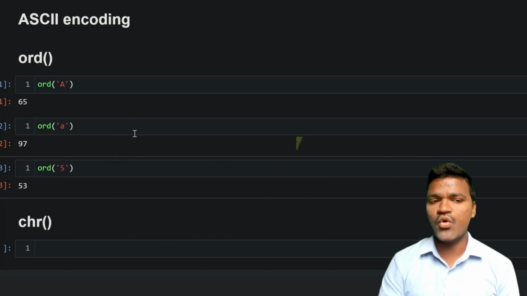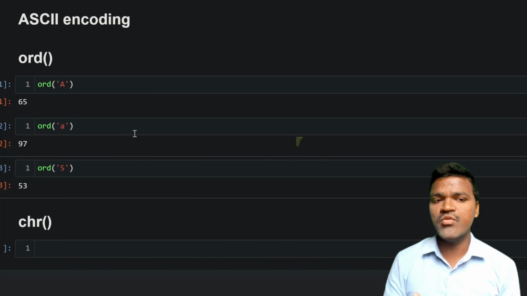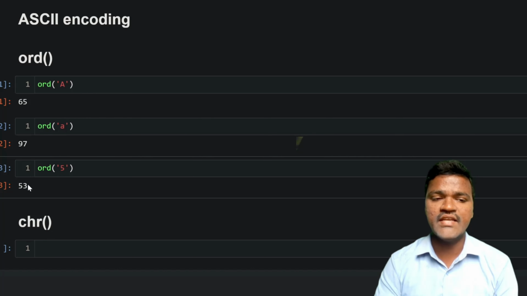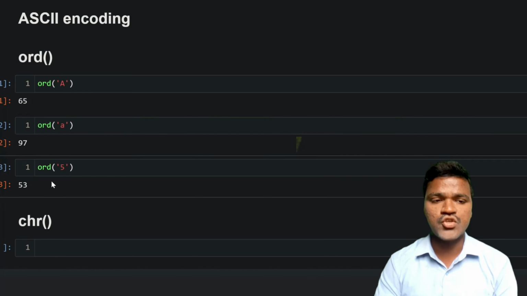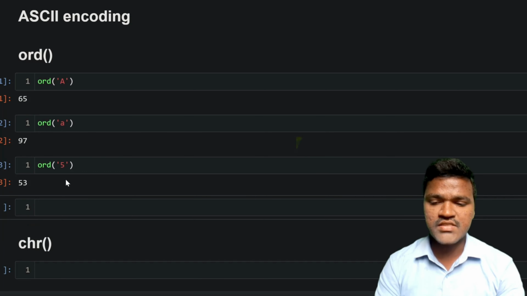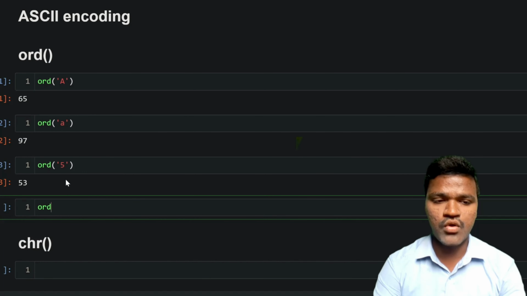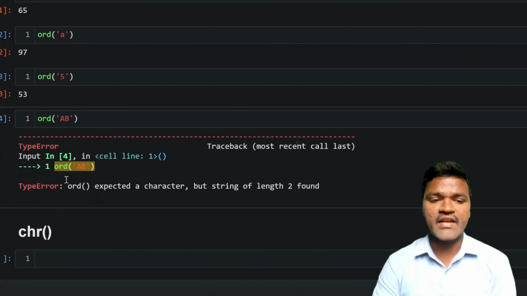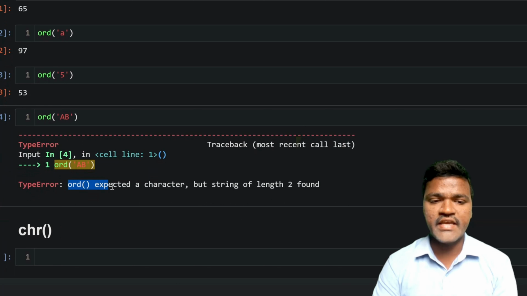So by using this ORD method, we can convert these ASCII characters into their equivalent integer numbers. Let's say, can we pass two alphabets here? I'm passing A, B here. Now if I execute this, we are getting an error which says ORD expects a character but string of length 2 is found.